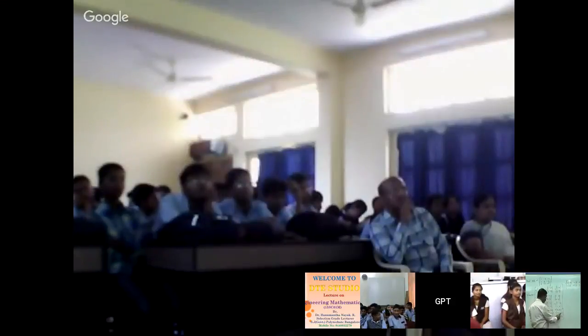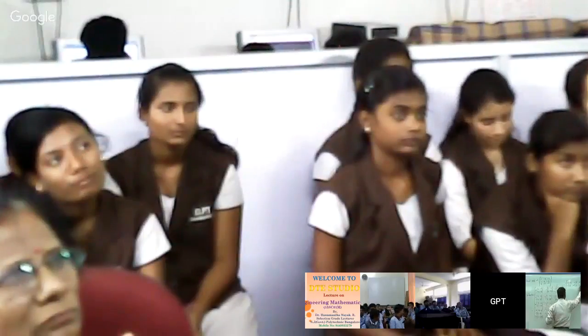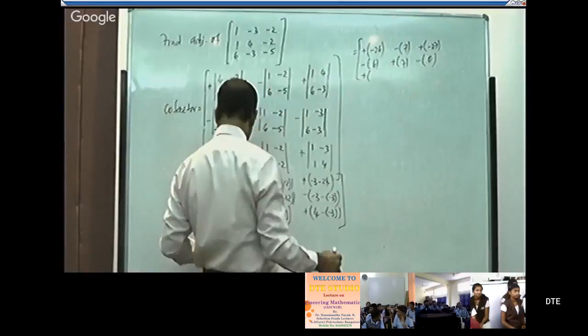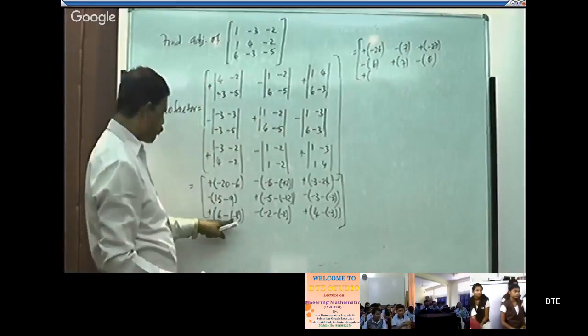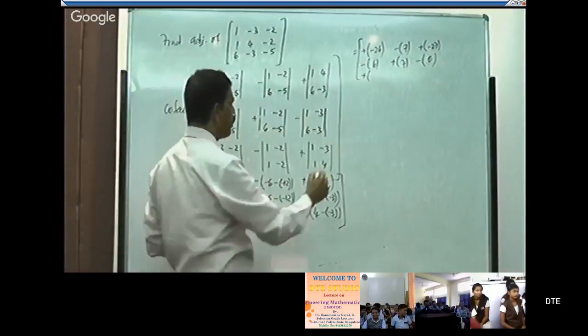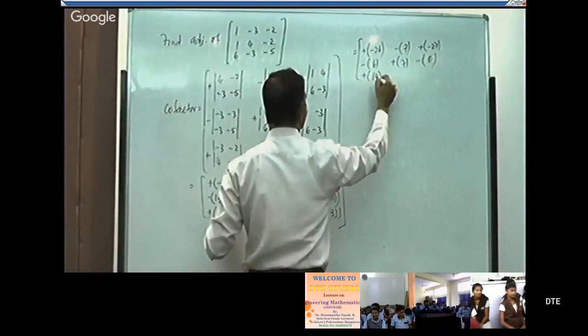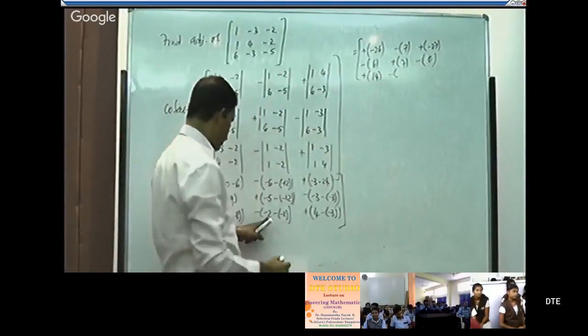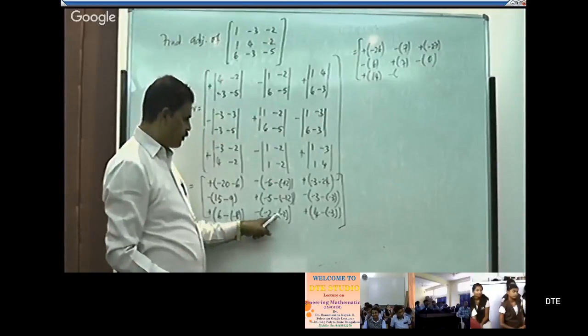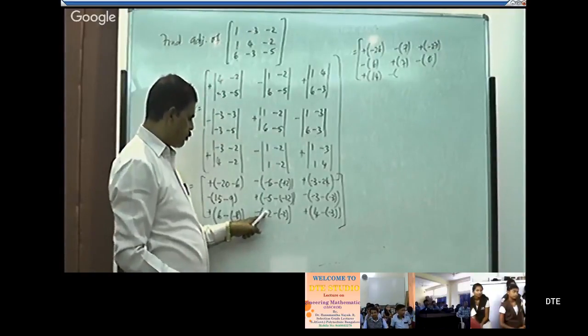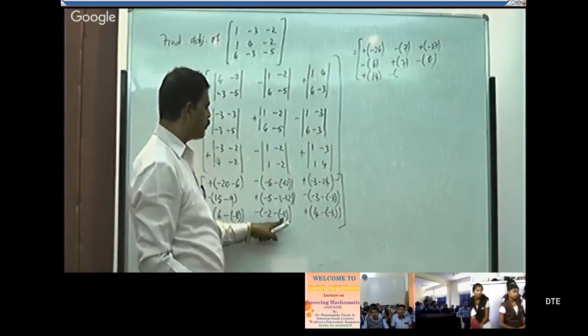Minus of minus into minus plus 3, minus 3 plus 3 becomes 0. Plus of 6, minus of minus plus 8, 6 plus 8 is 14. Minus of minus 2, minus into minus plus 2. So minus 2 plus 2, it is 0.